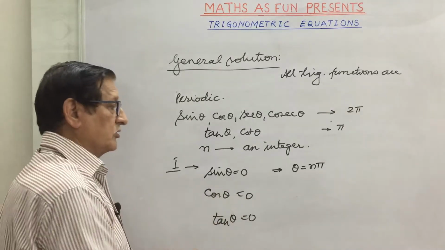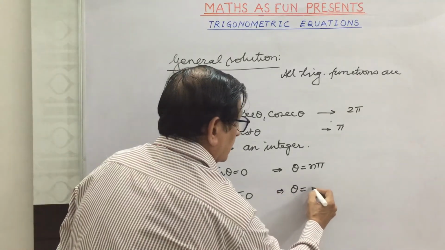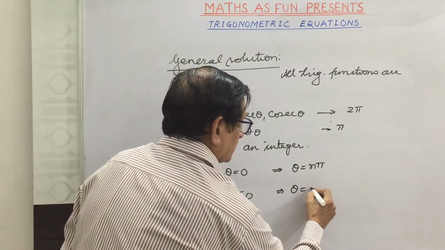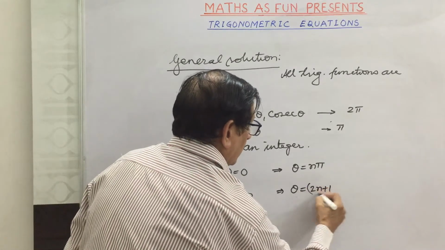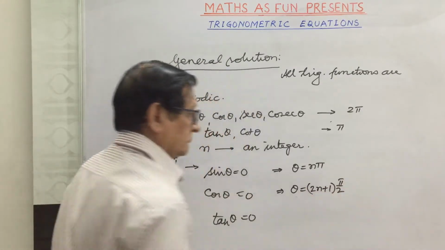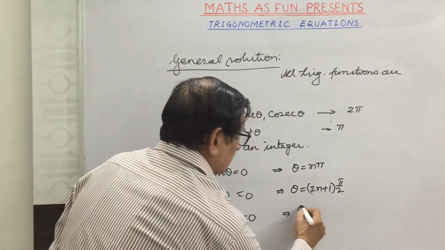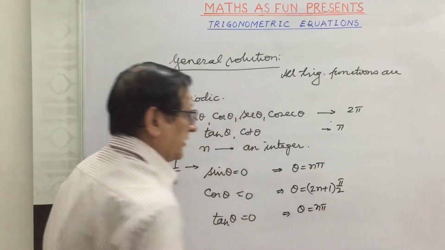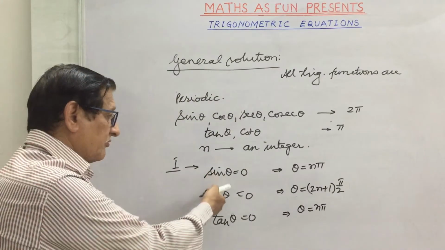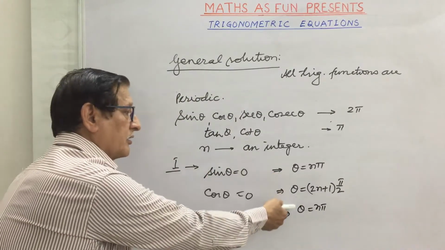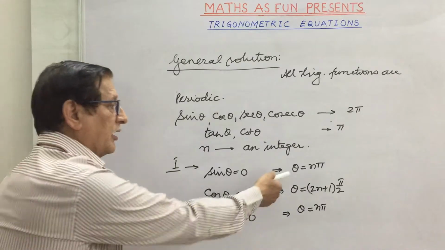When cos theta equal to 0, the value of theta here will come as 2n plus 1 into pi by 2. And when we have tan theta equal to 0, then theta is n pi. If this type of equation we are getting, we can directly write these are the general solution where n is the integer.